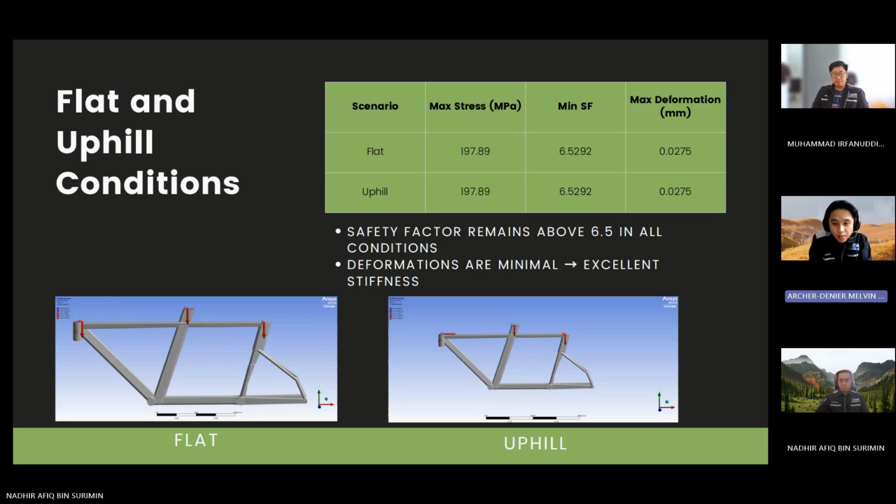Now, next is the uphill direction of force. All in all, they're the same, but the only difference is the frontal handlebar, where the force goes backwards due to the incline. That's why the force in the front is facing the rear.